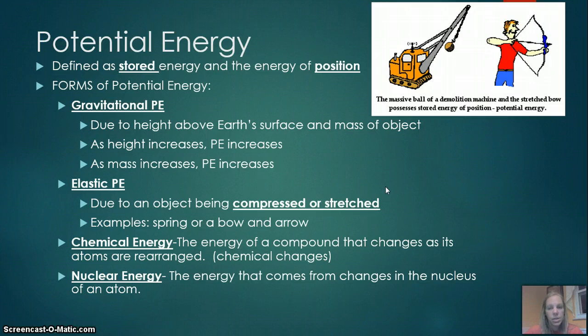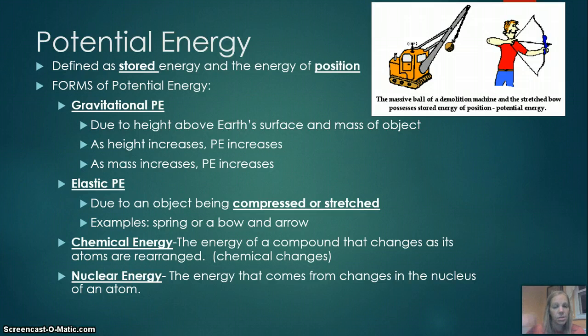So as the height increases, maybe a kid is going up the steps of a slide, then that kid's height above the Earth's surface is increasing. Well, so does his potential energy. So his position above the Earth's surface is making his potential energy also increase.